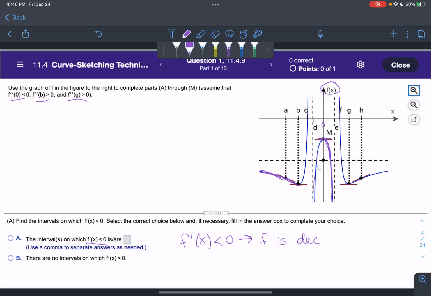But anyway, decreasing here, and then it seems to be increasing everywhere else. So this gives us the intervals negative infinity to b, and 0 to e, and e to g, just reading it left to right.